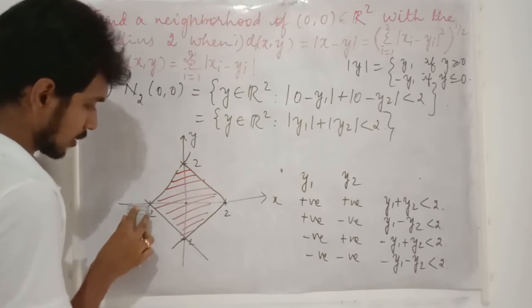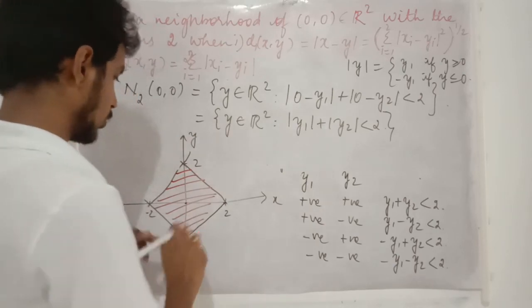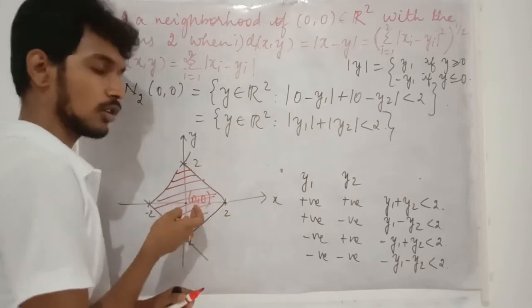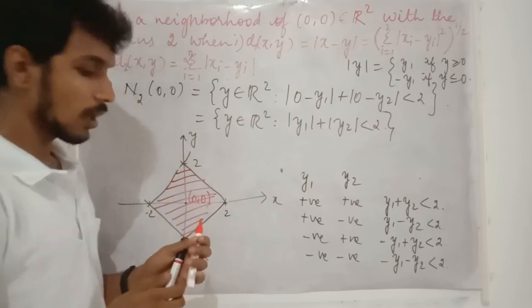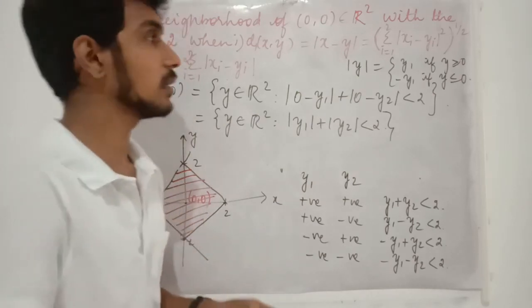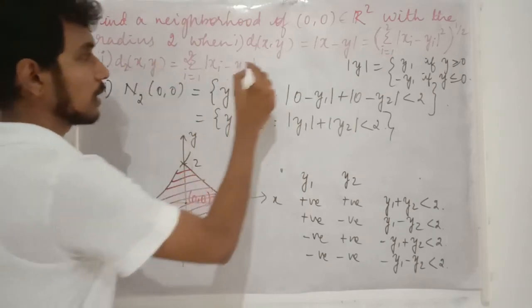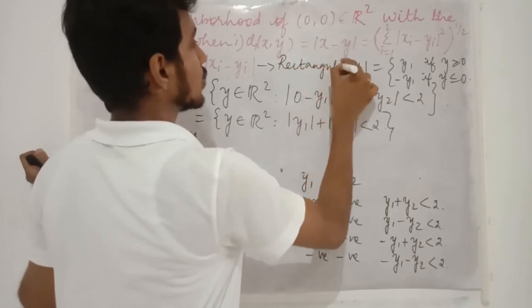This region is going to be your neighborhood of 0 comma 0, because for 0 comma 0 only we are finding the neighborhood. For 0 comma 0, this is going to be the neighborhood with radius 2. When I explained these things on the metric, I forgot to say the name for this metric. This metric is called the rectangular metric.